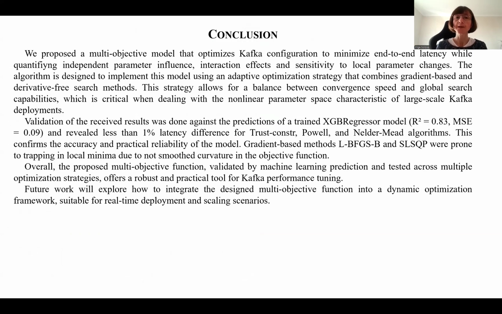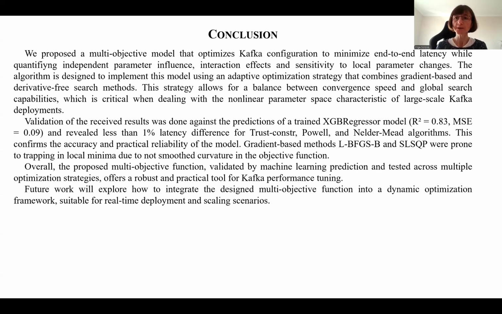In the conclusion, we propose a multi-objective model that optimizes Kafka cluster configuration to minimize end-to-end latency, and quantifies independent parameter influence, interaction effect, and sensitivity to local parameter changes. We propose an adaptive strategy to search for the optimal value.